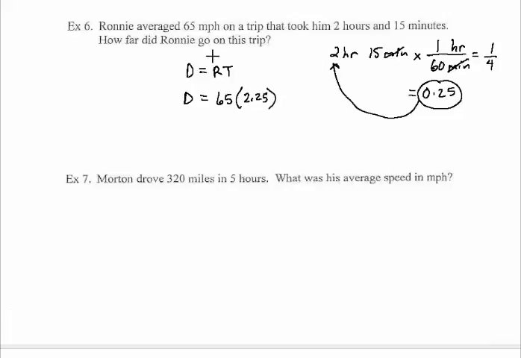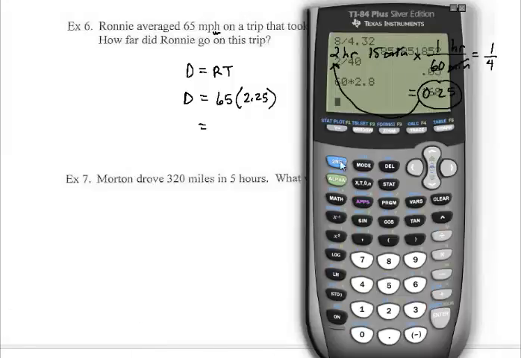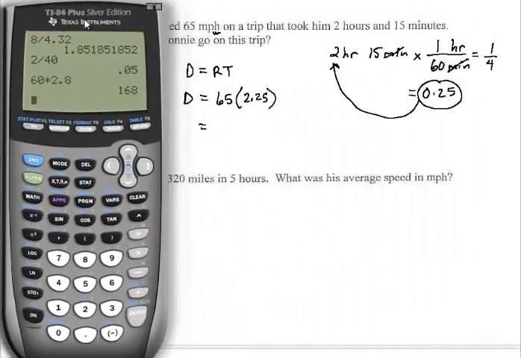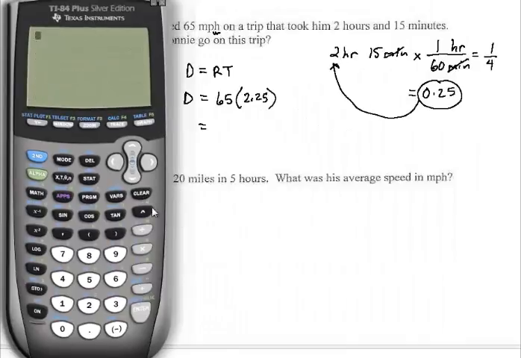Alright, our rate is associated with hours. That's what this H stands for here. And so we want to keep the 2 hours, but the 15 minutes caused us to have to do a little bit of extra work and convert to get only hours. So now that we have our numbers, 65 and 2.25, let me pull my calculator over here so we can see it.